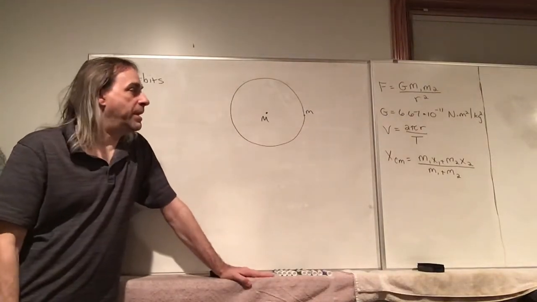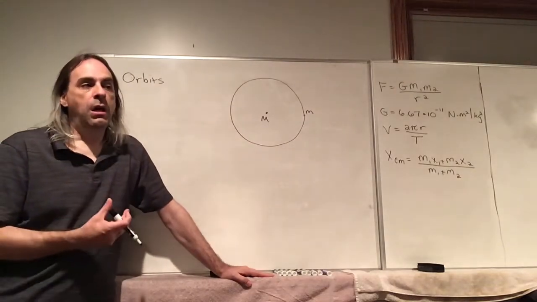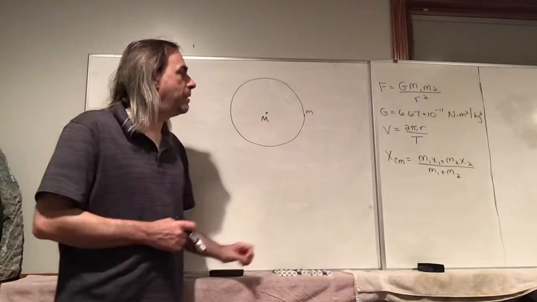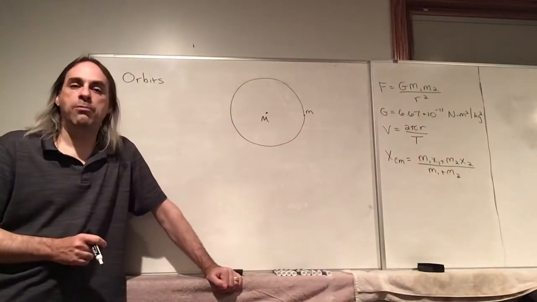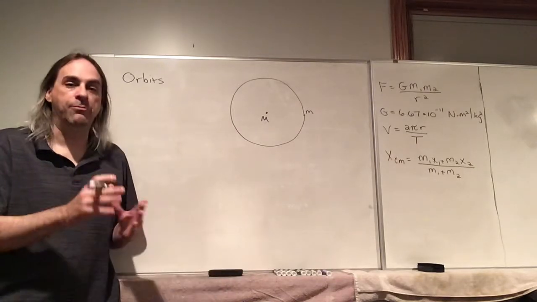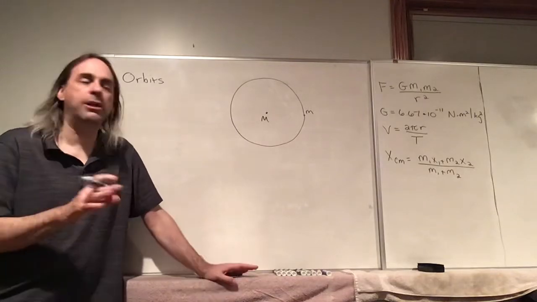Now, technically speaking, the Earth doesn't really orbit around the Sun. What actually happens is the Earth and the Sun are both orbiting around a point called their common center of mass. If you just have two objects, they orbit around the center of mass.